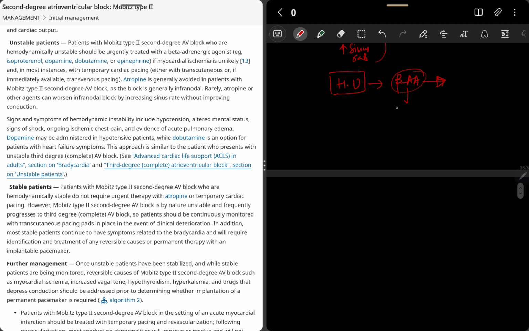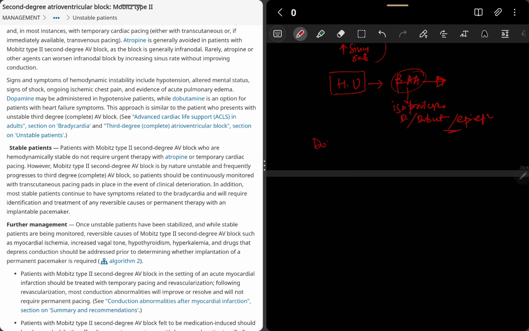So what are those? These are isoproterenol, dopamine, dobutamine or epinephrine. And in most instances, temporary cardiac pacing, transcutaneous or transvenous, is to be done.